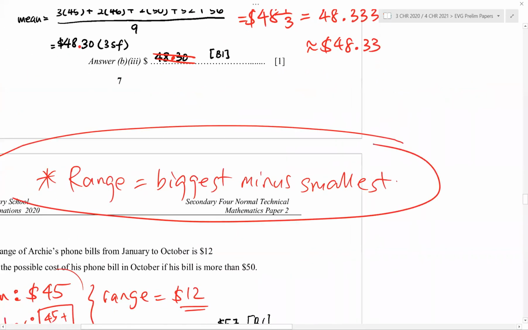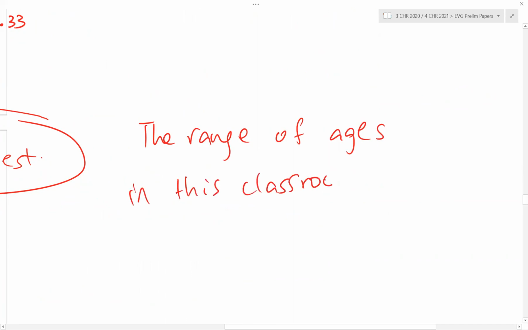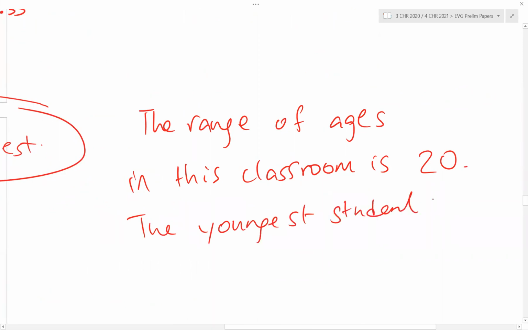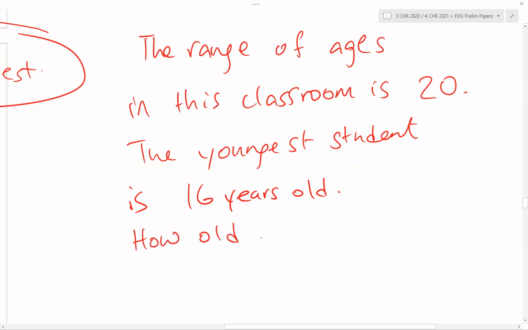The range is biggest minus smallest. Okay? Understand this question?